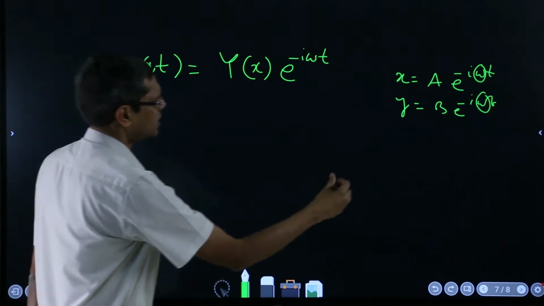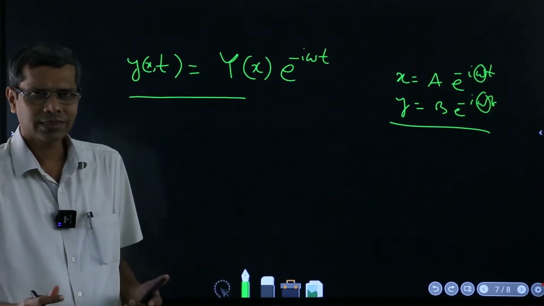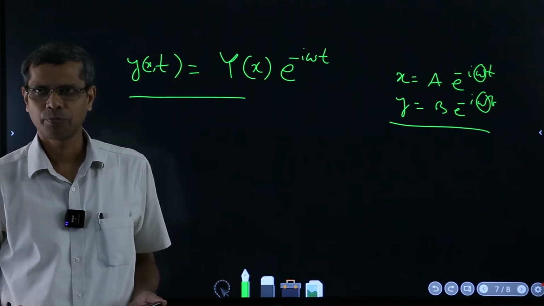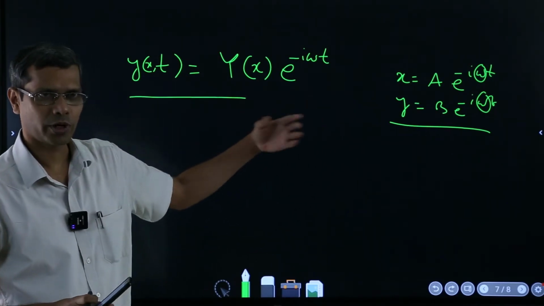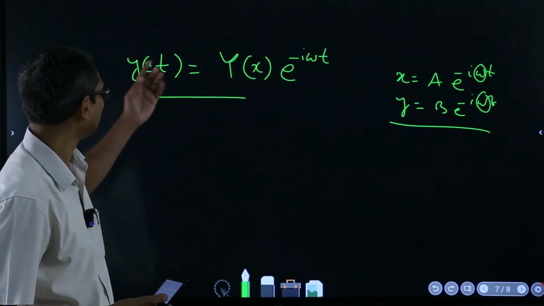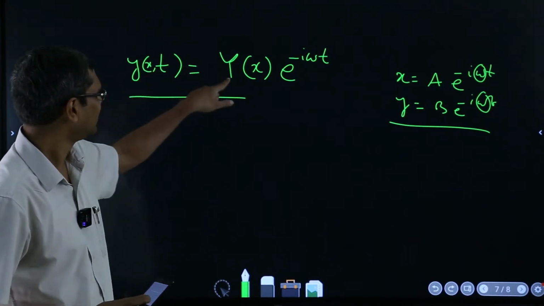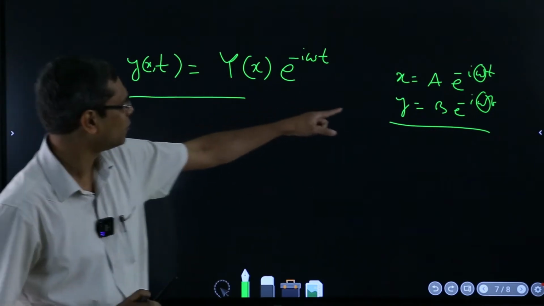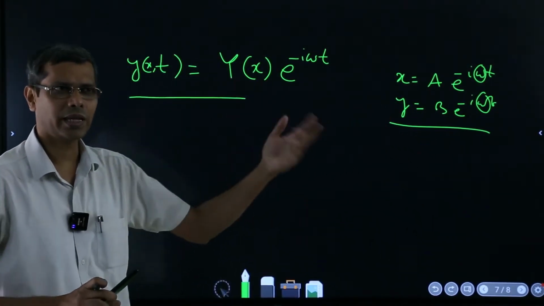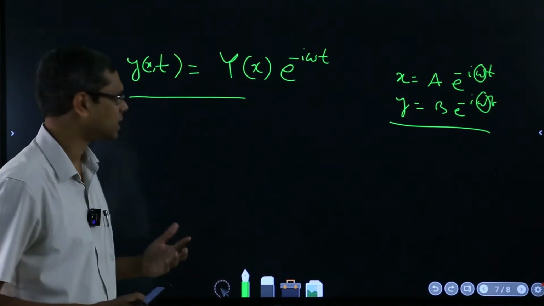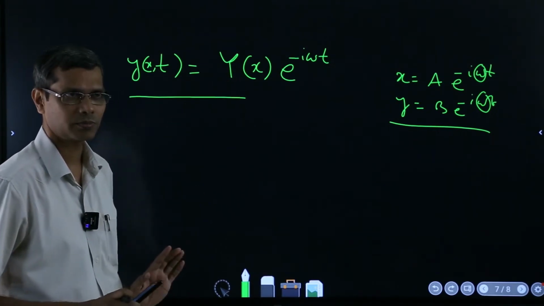Just look at this and this, they are the same things, right? Because now there are no specific discrete points, so we are telling the same thing. At every x there is one y(x), which is like the a's and b's, because at every x there is an a and a b. How many such infinite number of a's and b's can we write? So instead of that, we are just writing this.